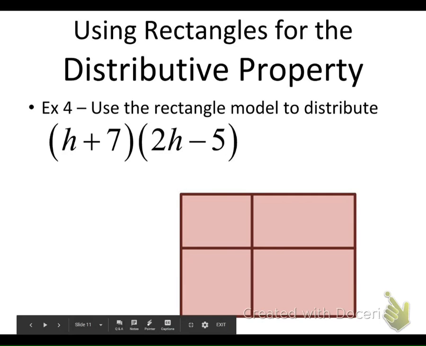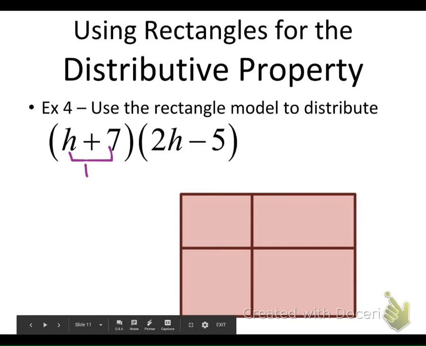So example number 4 is h plus 7 times 2h minus 5. Right next to example number 4, you're going to want to write h plus 7 times 2h minus 5. Kaylin, what does my first group of numbers represent?